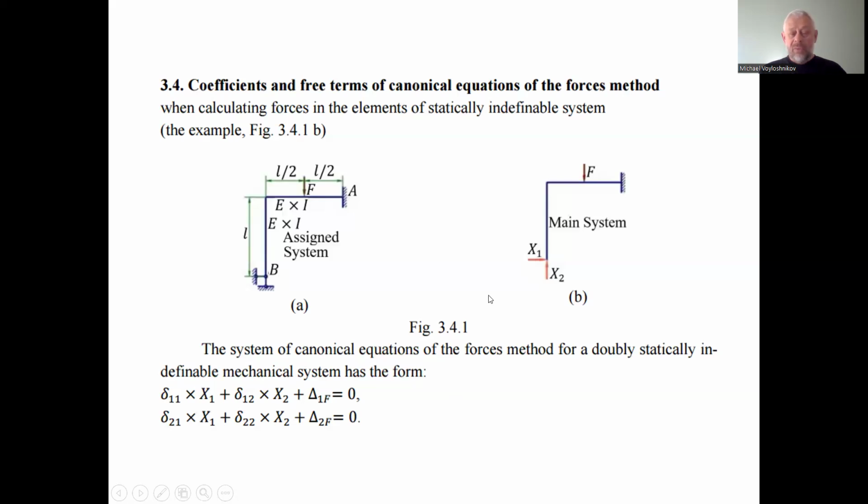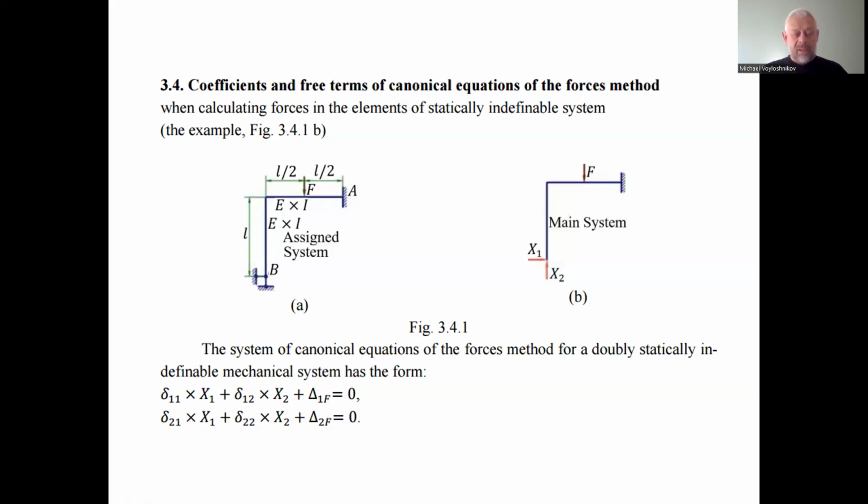This direction depends on the force x1 we have to apply, subject to find. Force x2 we also have to apply, with the proportionality coefficients. This is a coefficient where the first index indicates the direction of the displacement, but the second index indicates the number of the cause of this displacement. This delta lowercase is the displacement under the unit load.